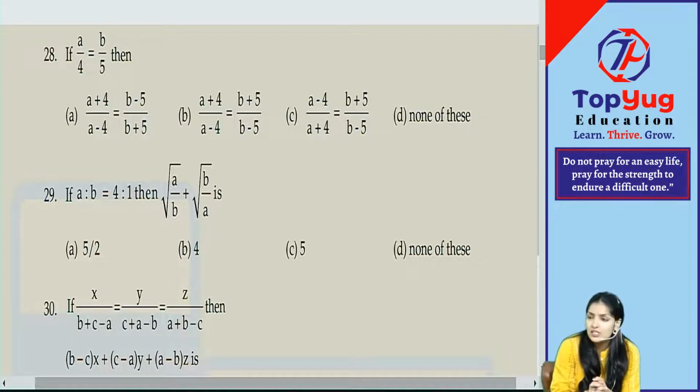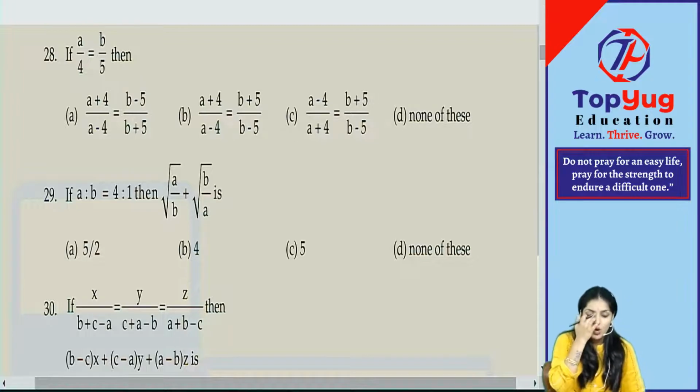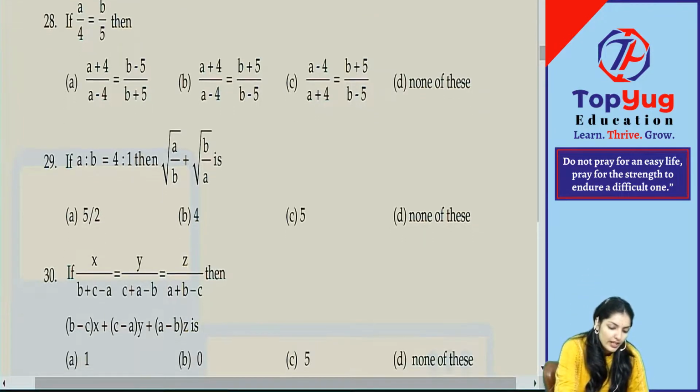Yes, we can also consider it. Because we'll consider it componendo and dividendo only. Because if I substitute, that will become 0, so it will be out of question. Componendo dividendo, option B. Very good. It is in the form of A by B is equal to C by D. So componendo and dividendo, 28th one, B.